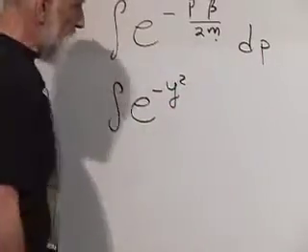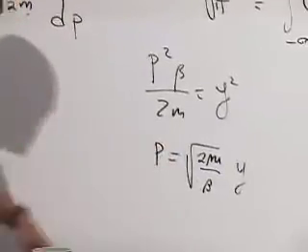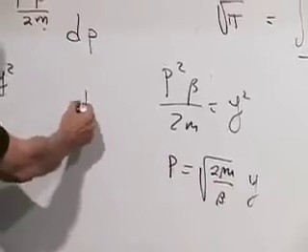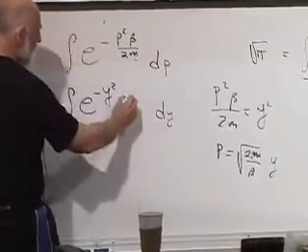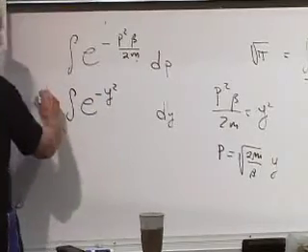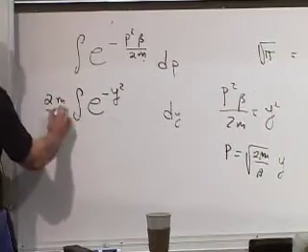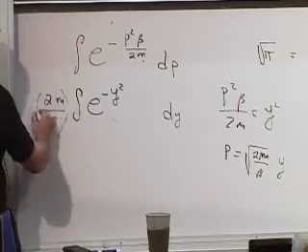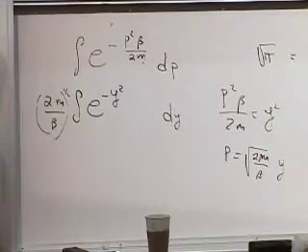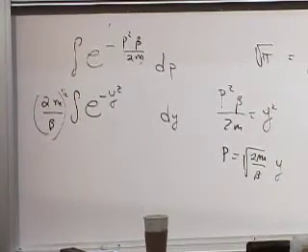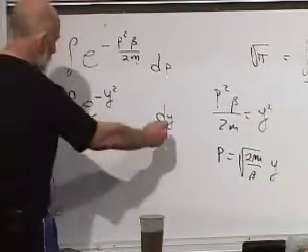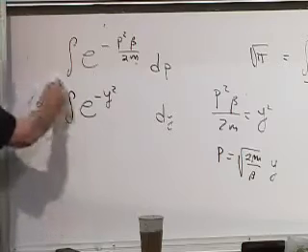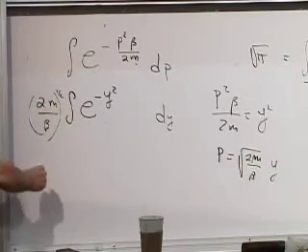But what happens to dp? dp is not dy, but rather dy times, let me put it on the outside, 2m over beta to the power 1/2. And now I've done the integral. The integral is the square root of pi, times this factor here.